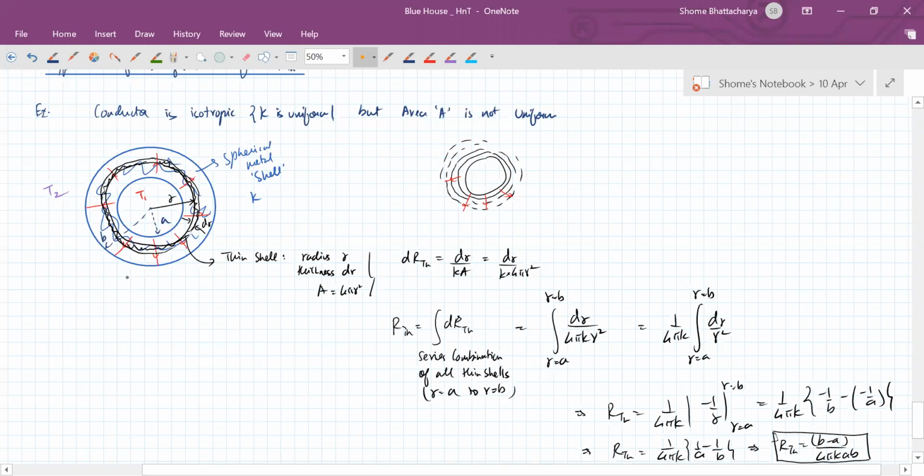Now in this case, you can see that the net rate of heat flow will be the temperature difference between the inside and outside divided by this thermal resistance, where this thermal resistance is a function of the geometry, that is A and B, and also the thermal conductivity of the material.